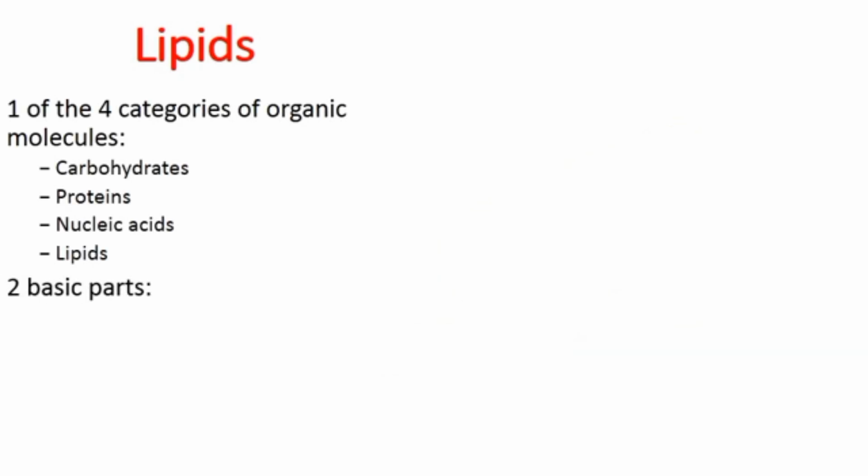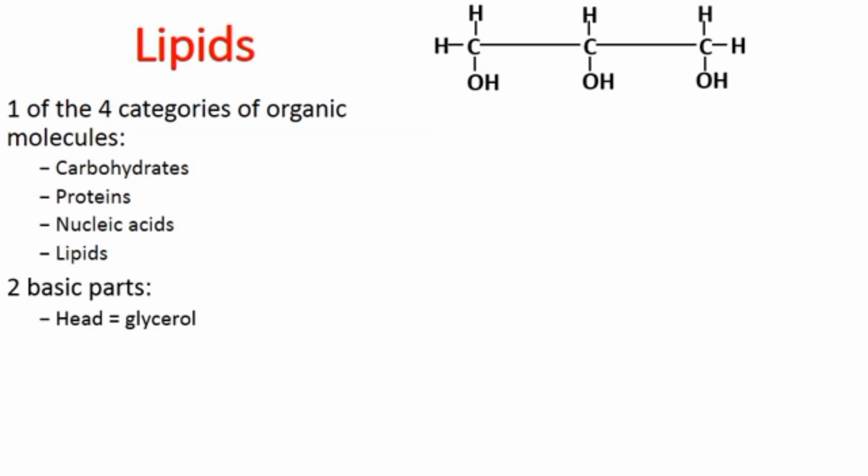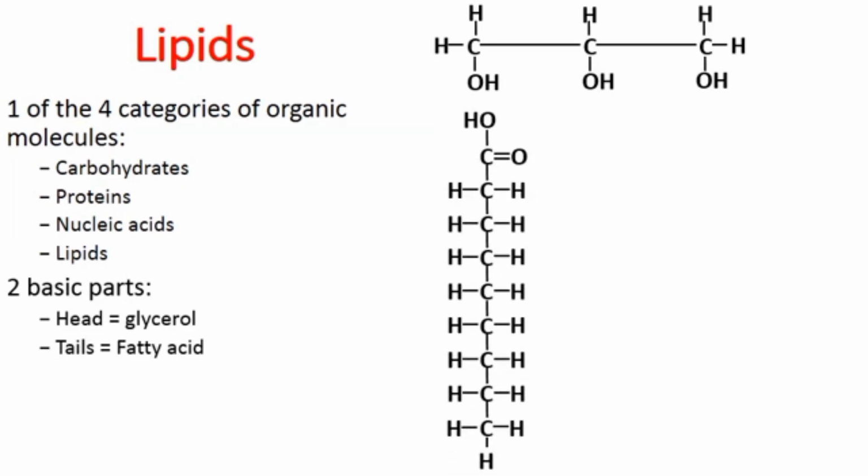Lipids have 2 basic parts. They have a head, which is glycerol, on top, and second are tails. The tails are chains of fatty acids. Here is a fatty acid chain.